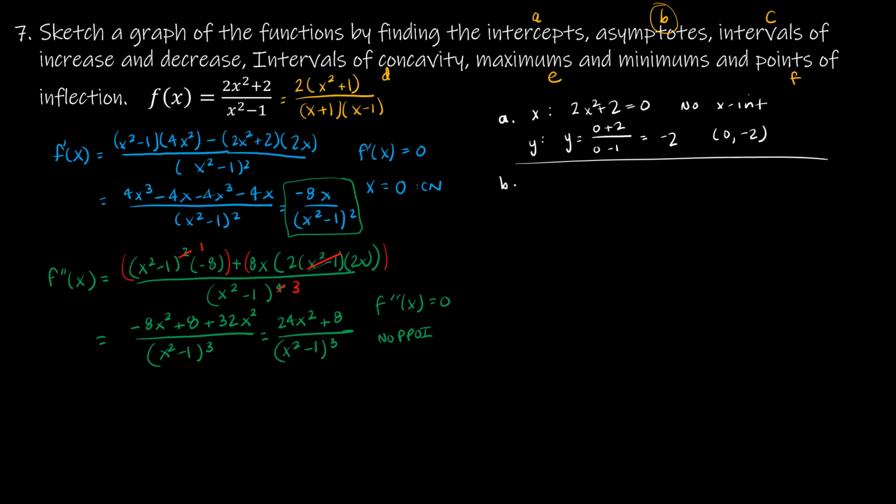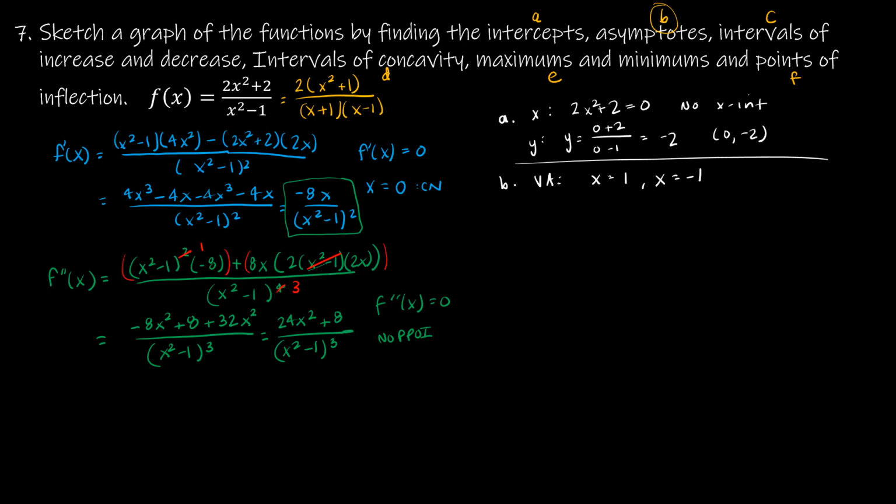B, asymptotes. We already did the work for the vertical asymptotes. Because we've factored, they would be at x equals 1 and x equals negative 1. We know they're asymptotes because they didn't get canceled out at all. And then we think about the horizontal or slant asymptotes.